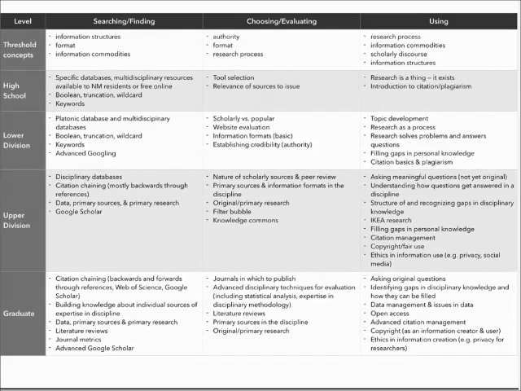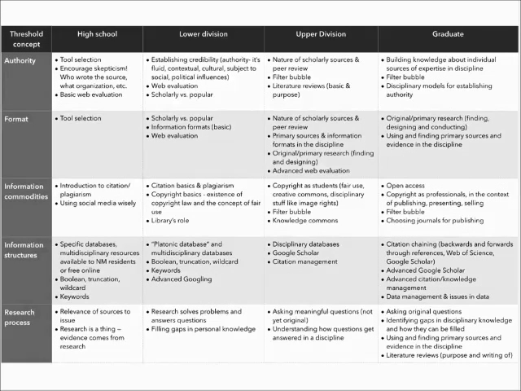This is one way of organizing what we think our students should be learning or what we want to cover in our information literacy program by 3 basic categories: searching and finding, choosing, evaluating, and using. There's another way that we organize this by threshold concept. So the content hasn't changed, and we actually started with the threshold concepts, but then we tried using the other searching, choosing, and using categories because it was helpful to use both models when brainstorming.